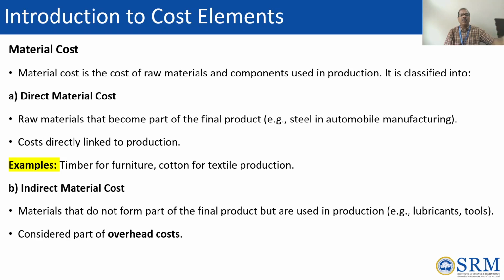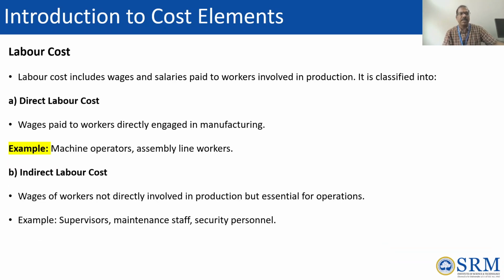But we may use some lubrication or abrasive when we are preparing the product from raw material like wood to the final product. That won't be there at the end of the product. But that lubrication or abrasive needs cost, and that material cost comes under indirect material cost.